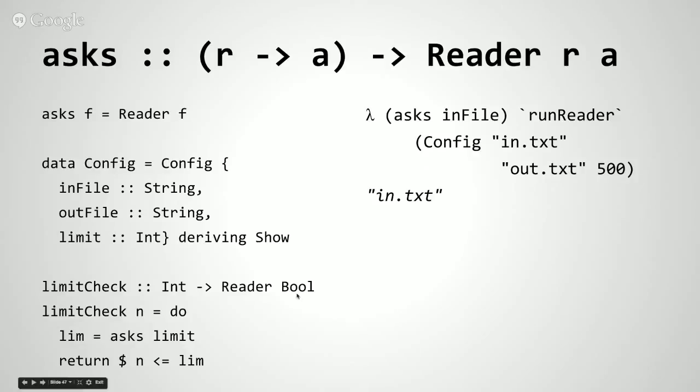So in the upper right, we have asks in file, which is an action in the reader monad that returns a string. So it's a reader config string, and then we give it the config that we have with in.text, out.text, and 500, and it returns in.text.